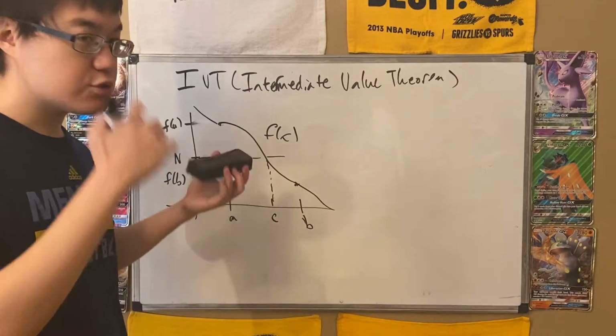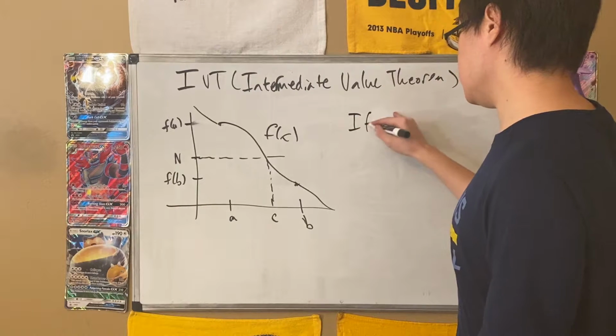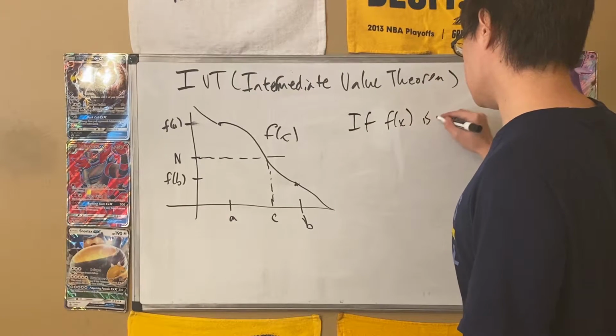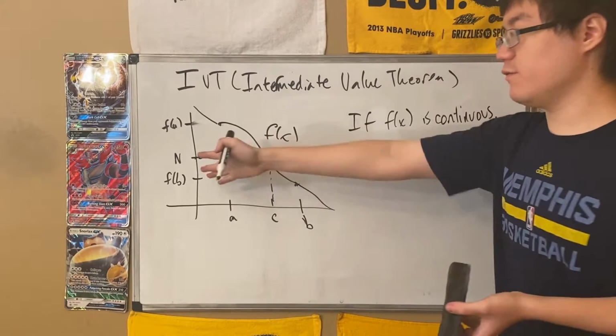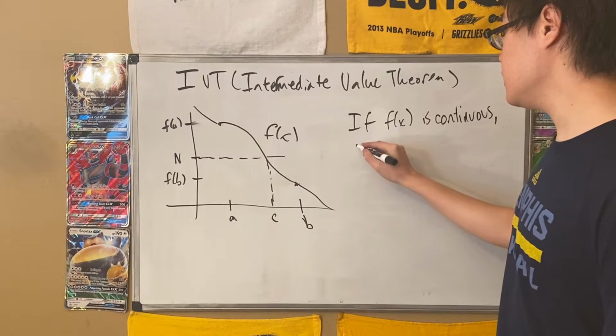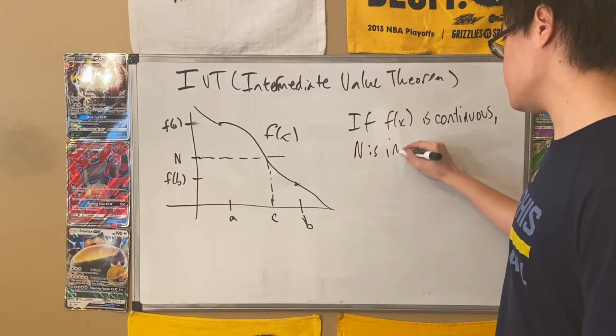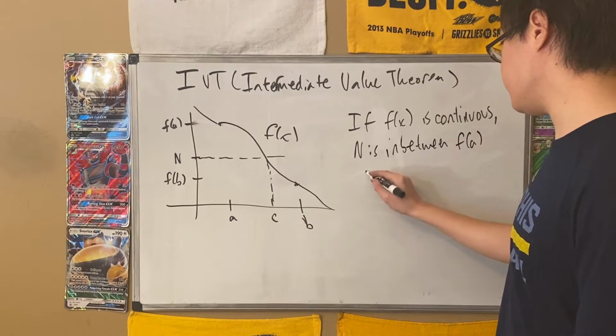But the actual wording of the intermediate value theorem is if a function is continuous, and we have this situation, the number is inside f of b and f of a, so n is in between f of a and f of b.